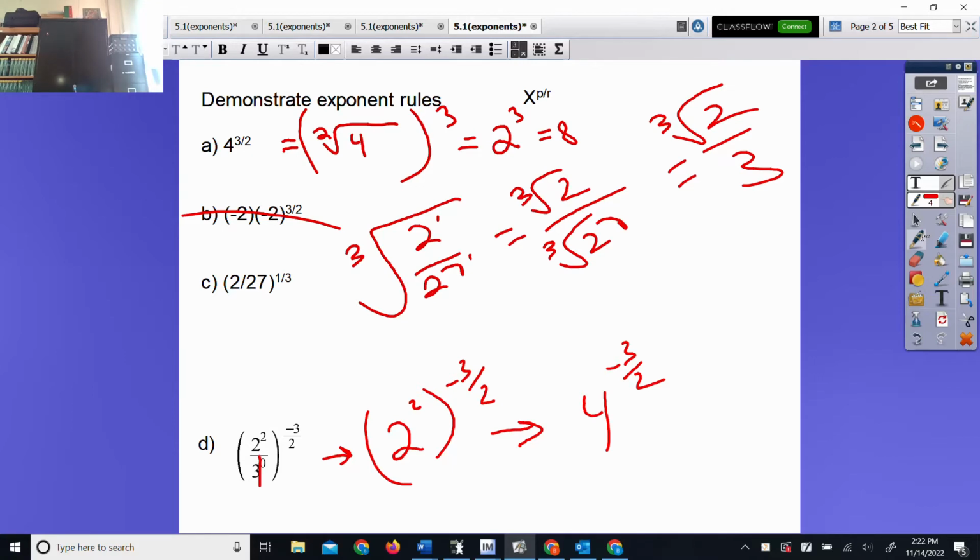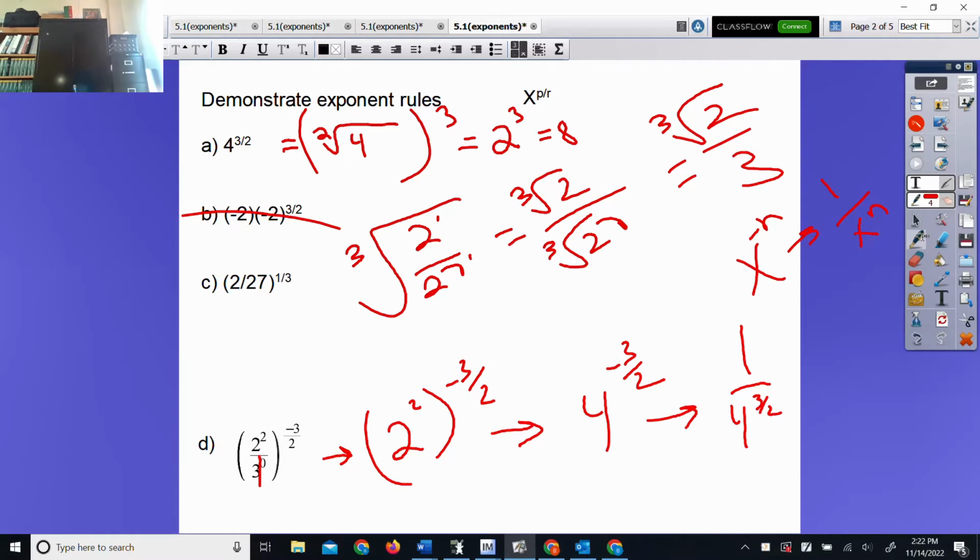Negative exponent rule. So you've got a rule that talks about x to the negative n being 1 over x to the positive n. So how do you rewrite 4 to the negative 3/2? 1 over 4 to the positive 3/2.